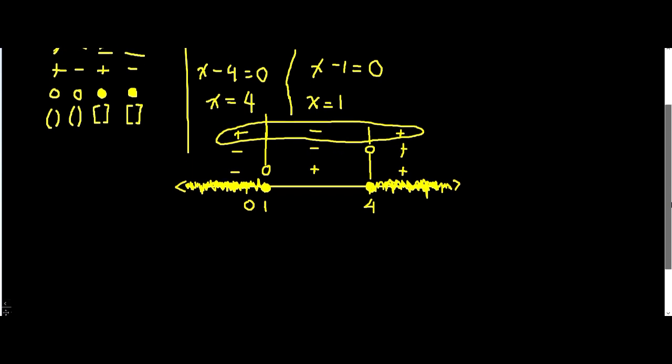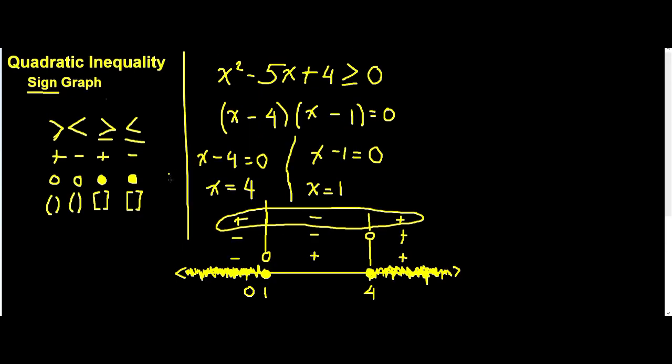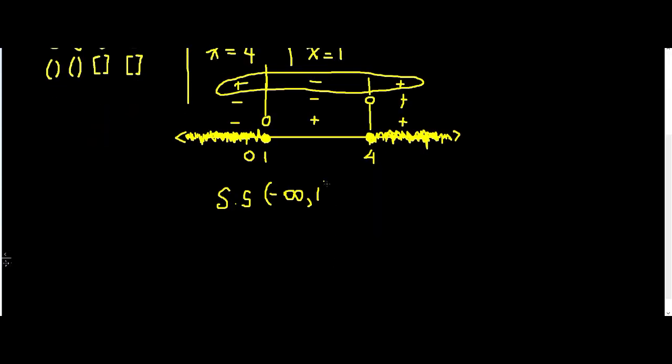Now, when you write the solution set, again, itong negative infinity, ang infinity laging gumagamit ng parenthesis. So, you have negative infinity hanggang kay 1. Now, since closed circle ang ginamit natin, ang gagamitin natin, bracket.